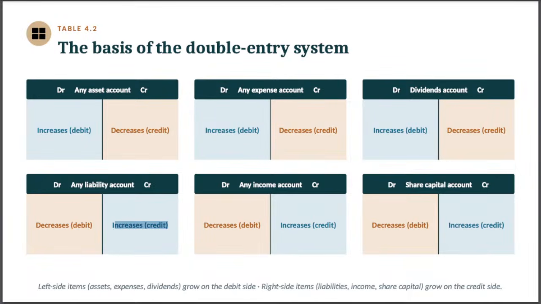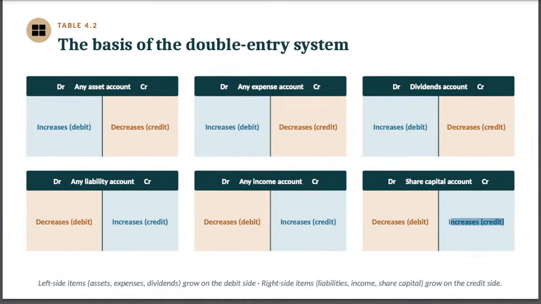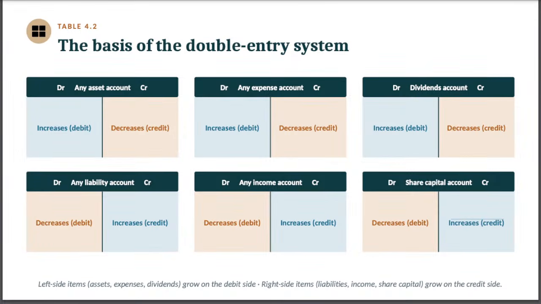You are given credit. Any income account decreases on the debit side, increases on the credit. You got income, so it goes on the credit side. From here, you can move it over to another account. Share capital, same thing, decreases on the debit, increases on the credit. So you might be making purchases from the share capital account. You would decrease it to move it over to another account and purchase assets perhaps.